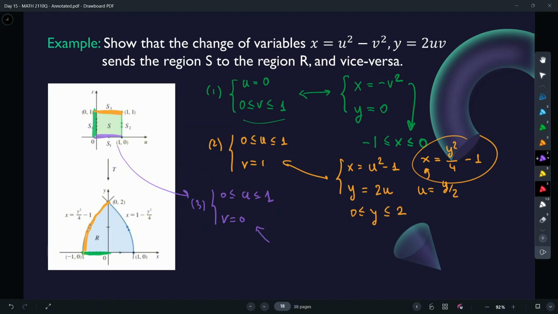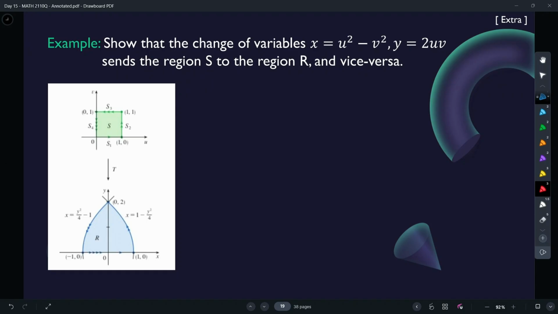That gives you that y has to be 0 all the time, and x has to be u squared between 0 and 1, so that side is actually this side. And then in blue, this one will map to this side. Okay? So one region is being mapped to the other, and now I can do integrals using this transformation because I know how to go from one to the other.